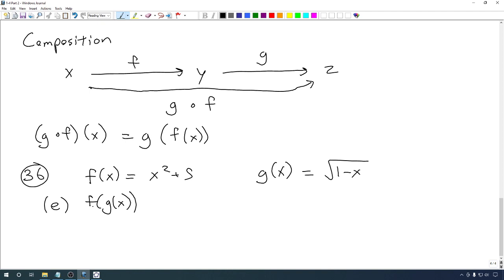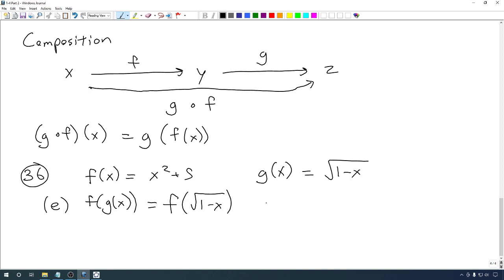So we'll just keep in mind that our composition is when we put one function inside of another function. We want to know what is this composition. What happens if we put g of x inside of f of x? Note that just means that we are putting in the formula for g into the function f. And that means that any x's that we have in our formula for f, we need to replace those with the square root of 1 minus x.